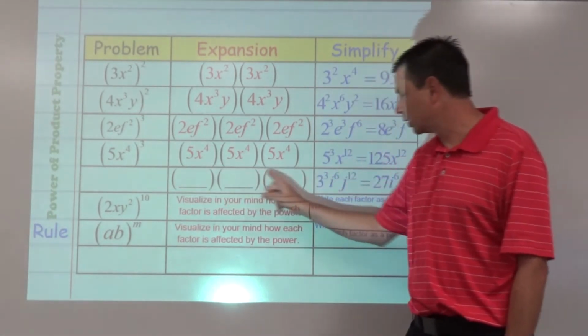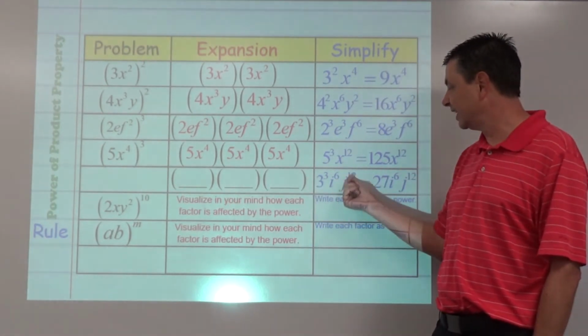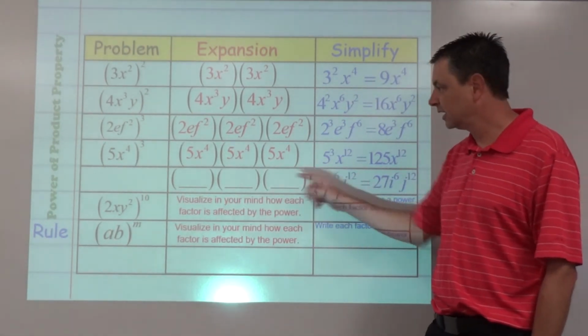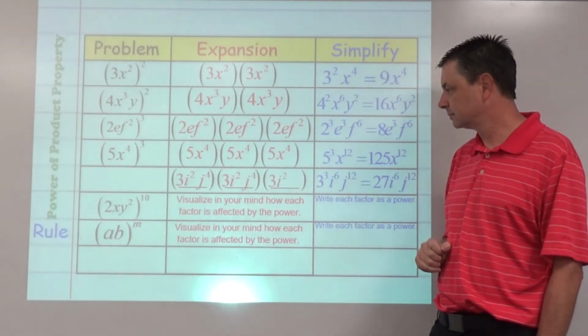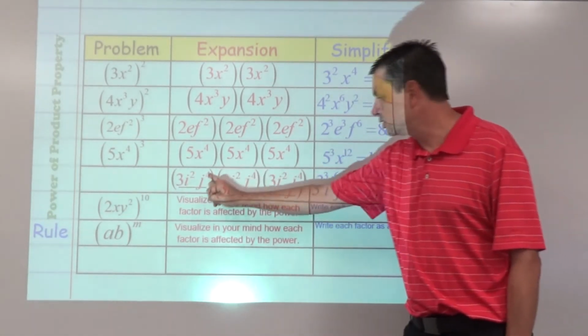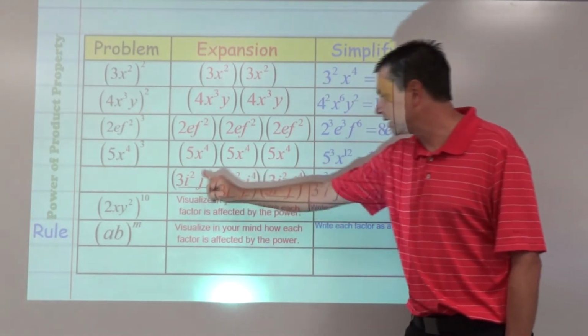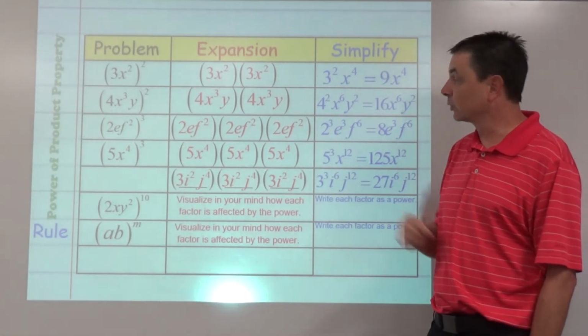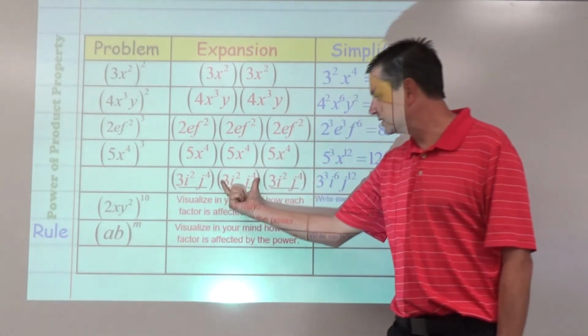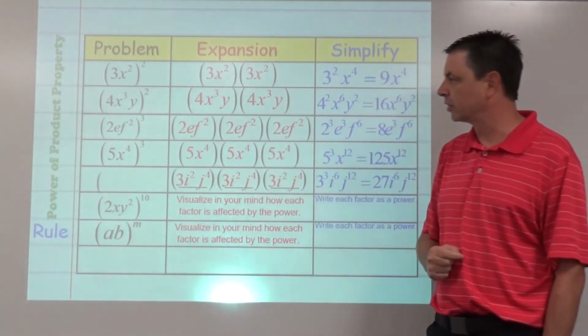I squared, i squared, i squared. J to the 12th, to be the same in each, it's going to be j to the 4th. That makes a total of 12 j's. That makes a total of 6 i's. So the original problem was this, and there's 3 of them, to the third power.